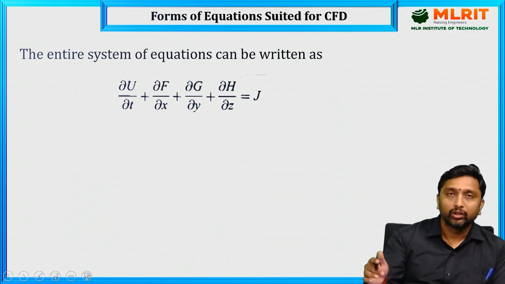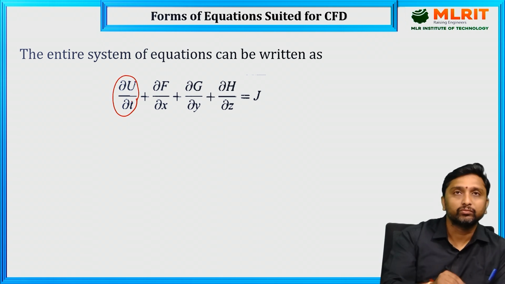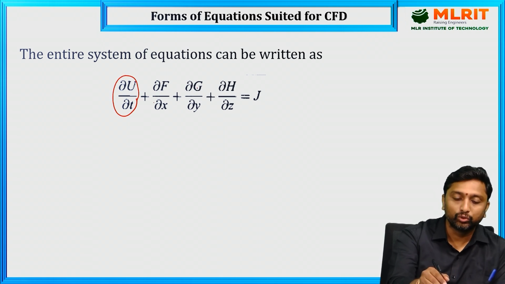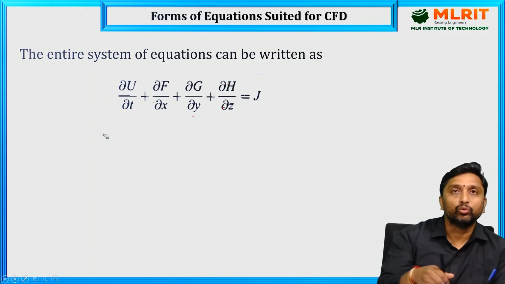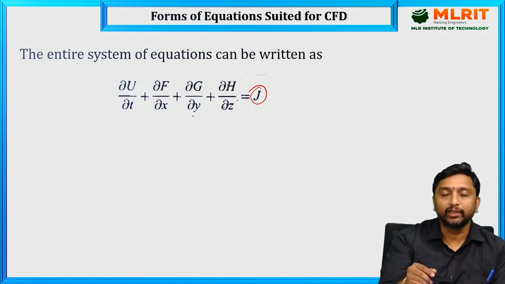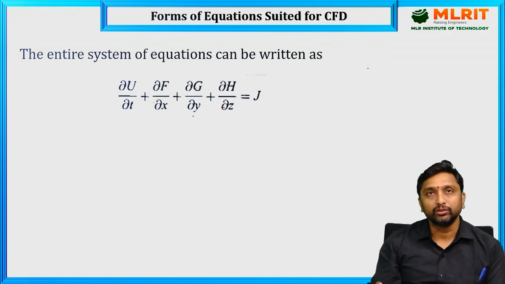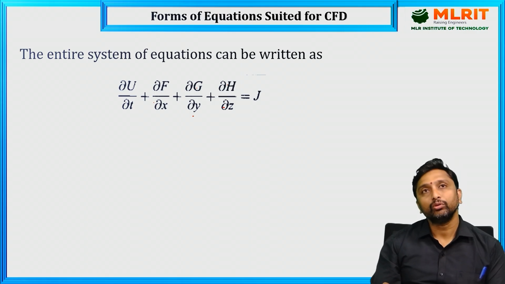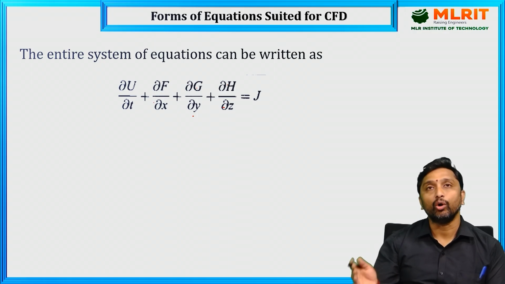Now if I write all those equations, you can see ∂U/∂t, ∂F/∂x, ∂G/∂y, ∂H/∂z. If I combine all those, that should equal the right hand side, which is J. So if you observe, I had 3 equations, continuity, momentum, and energy, and each of them was divided into different components like x, y and z.